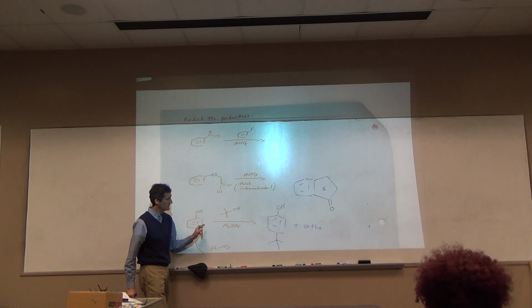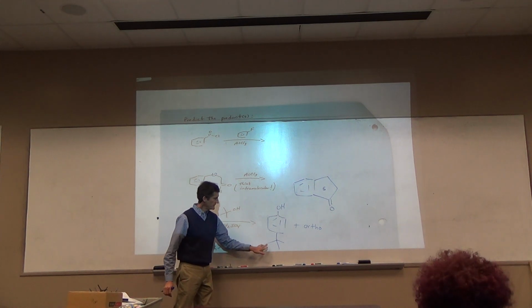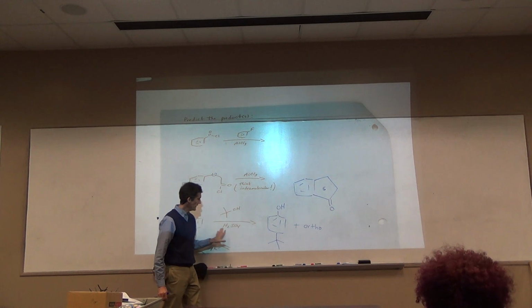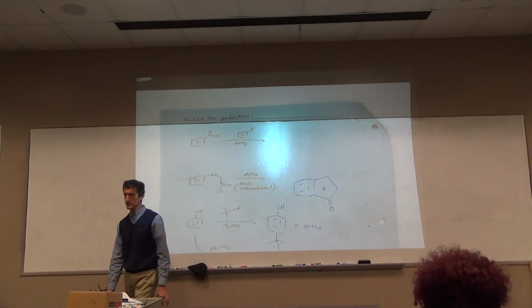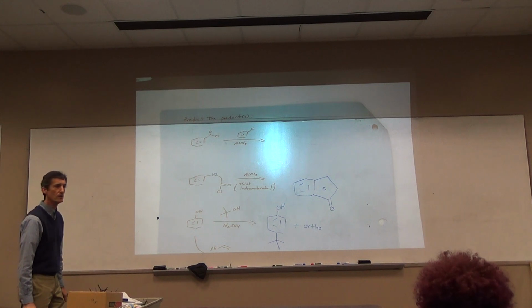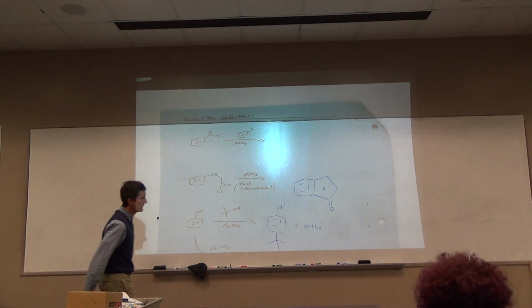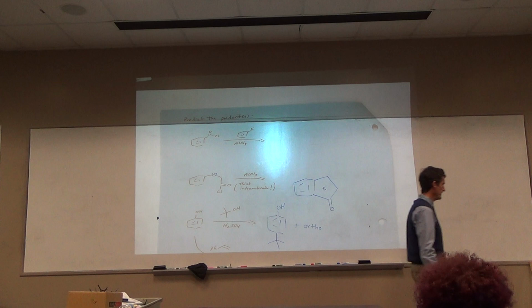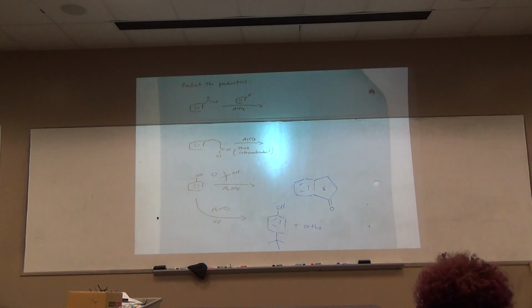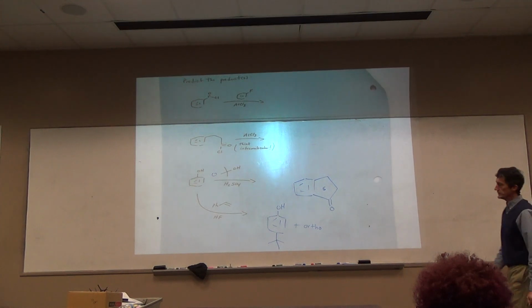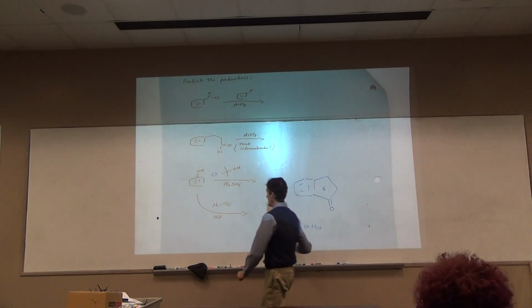This attacks by an EAS mechanism. Friedel Crafts does tend to prefer para, but we may also get some ortho product. I'll just show this as ortho. If you get mixtures, you're going to have to purify and separate. The mechanism gives you both, unless there's something going on.